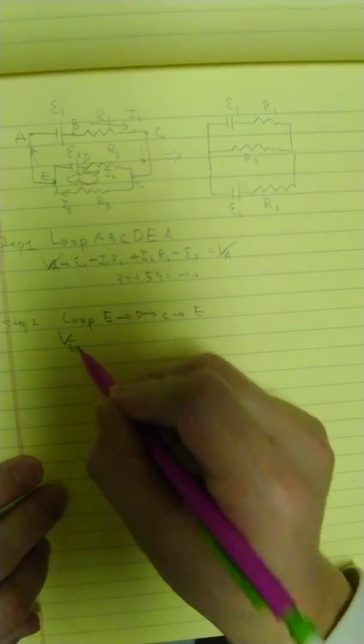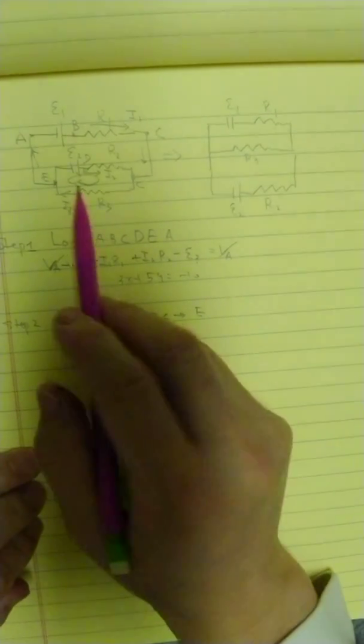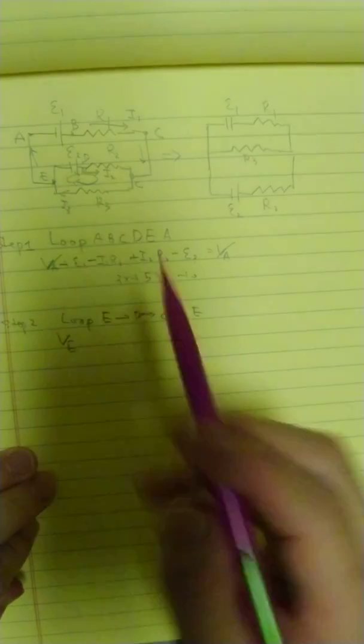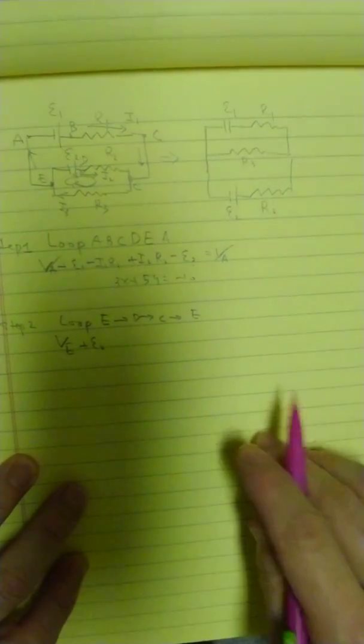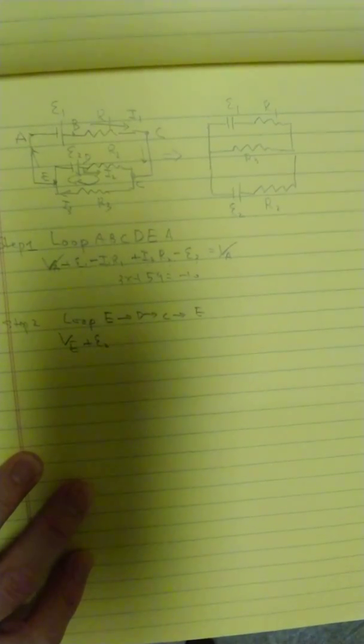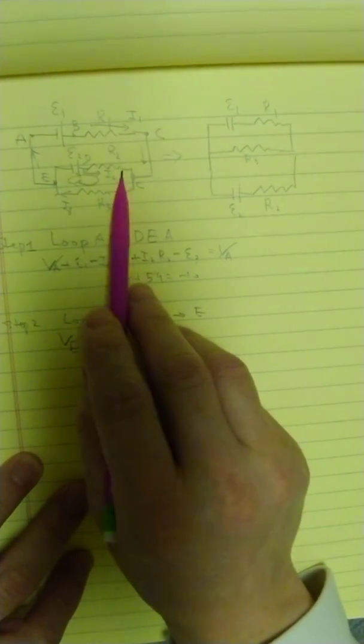So now what I need to do is just start with VE. That's my first voltage point. Since I moved from negative to positive, epsilon should be a positive epsilon 1 here. And then the next thing I need to do is go from here all the way to that.